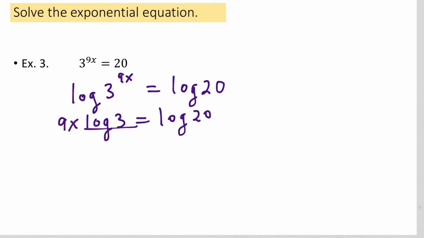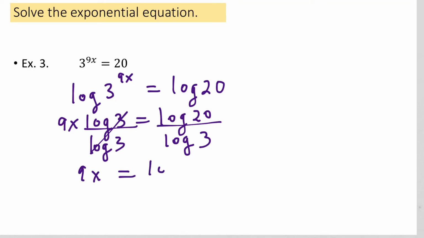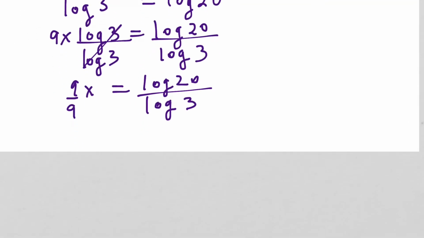I'm going to divide by log 3, which is a real number. So I'll get 9x is equal to log 20 divided by log 3. And then I need to divide both sides by 9. So I'm dividing by 9.